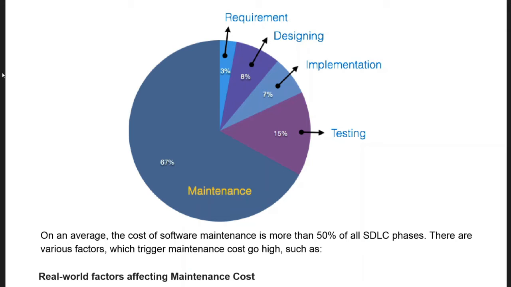In the given image describes the features like requirement, designing, implementation, testing, and the maintenance, that all have the different values. For example, 3%, 8%, 7%, 15%, and 61% each in a subjective manner.